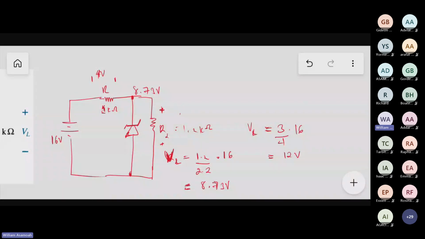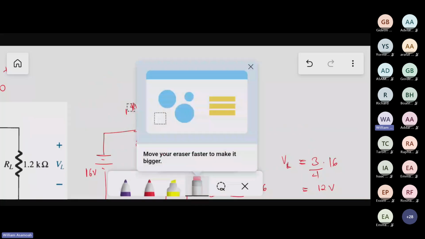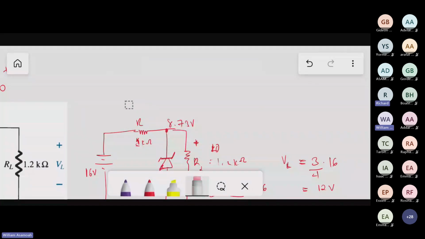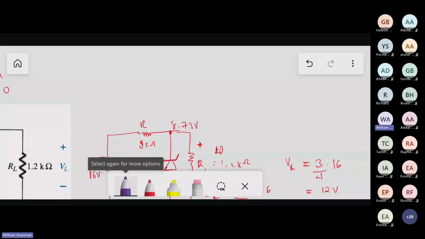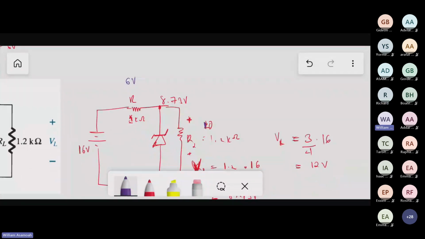So this one will take 10 volts. Then here is 16, so the remaining 6 volts will appear across the load line resistor. So here would be 6 volts, and here will be 10 volts instead of the 12 volts because of the Zener diode.